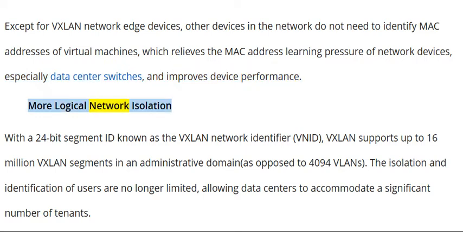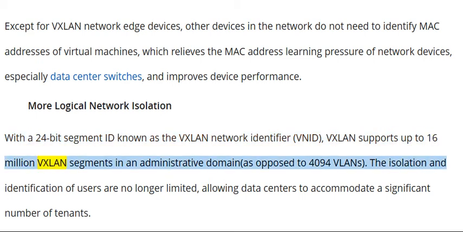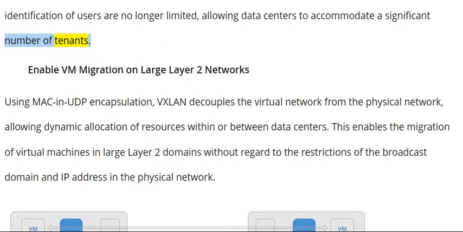More logical network isolation. With a 24-bit segment ID known as the VXLAN Network Identifier, VNID, VXLAN supports up to 16 million VXLAN segments in an administrative domain, as opposed to 4,094 VLANs. The isolation and identification of users are no longer limited, allowing data centers to accommodate a significant number of tenants.